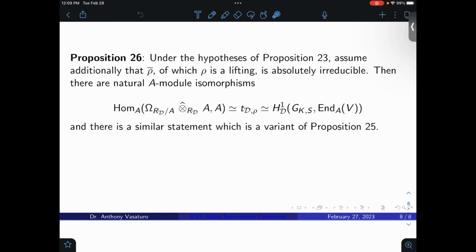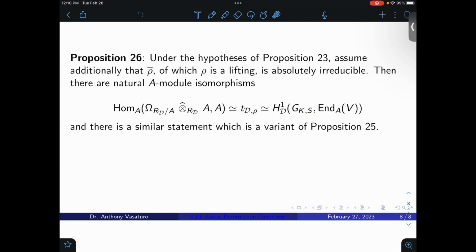Then there are natural A-module isomorphisms that you expect if you've been paying attention to previous videos: A-maps from the space of differentials Ω_{R_D/Λ}, where R_D is the universal deformation ring of the deformation problem D, completed tensor product over R_D of A, to A. So we have A-maps out of the differential module to A. That should be isomorphic to T_D ρ, and that should be isomorphic to H^1_D(G_{K,S}, N_V).